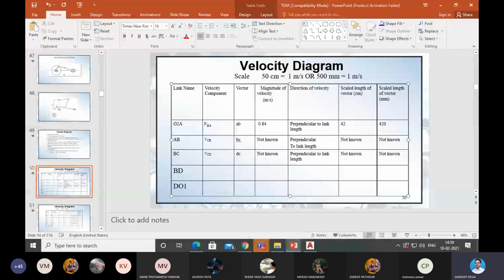Now velocity components. First, velocity of A with respect to O2. Next, velocity of B with respect to A. Please observe it carefully. Please observe what I am writing. Velocity of C with respect to B. Slider.